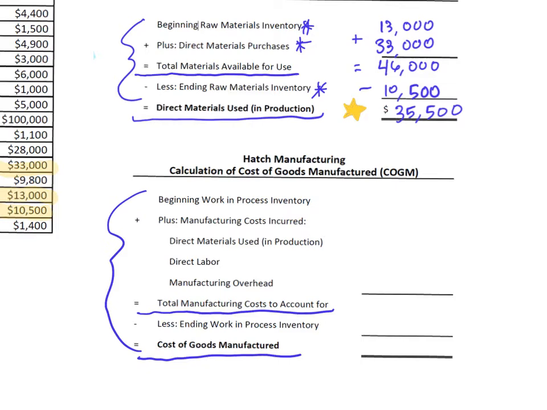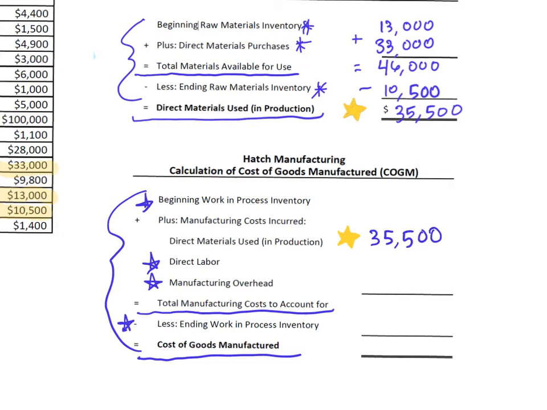All of the other ones we need to find on the schedule, or in the case of direct materials used in production, from the schedule that we just completed. So for direct materials used, I'm going to carry down the same number that I calculated on my calculation of direct materials used schedule. All the other items here I need to go back and get from my data set. So I'm going to star the items that I need to get from my data set.